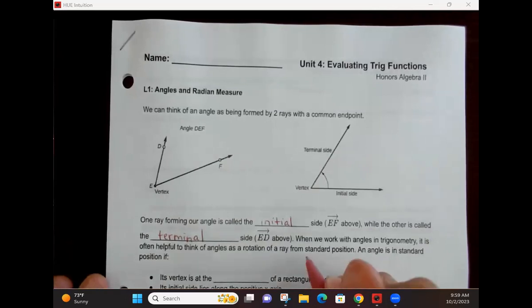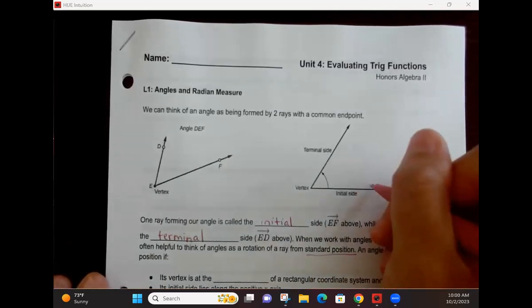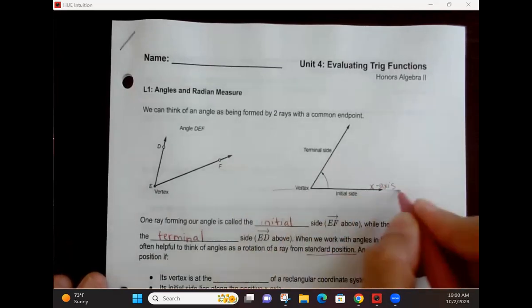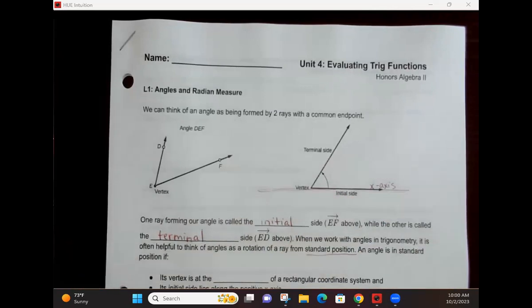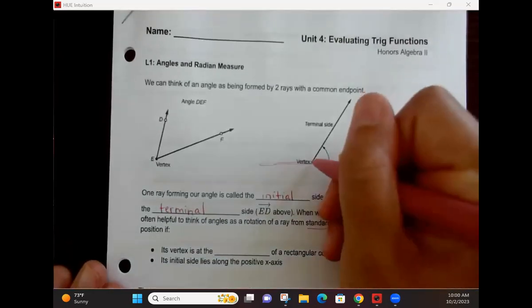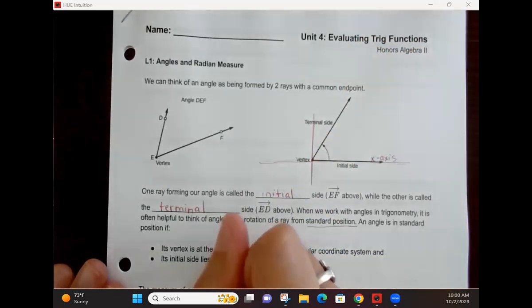And again, what we want is our ray to be in standard position, which means the initial side will be lined up with the x-axis. So I'm going to think of this as the x-axis. And then I want the vertex to be at the origin.